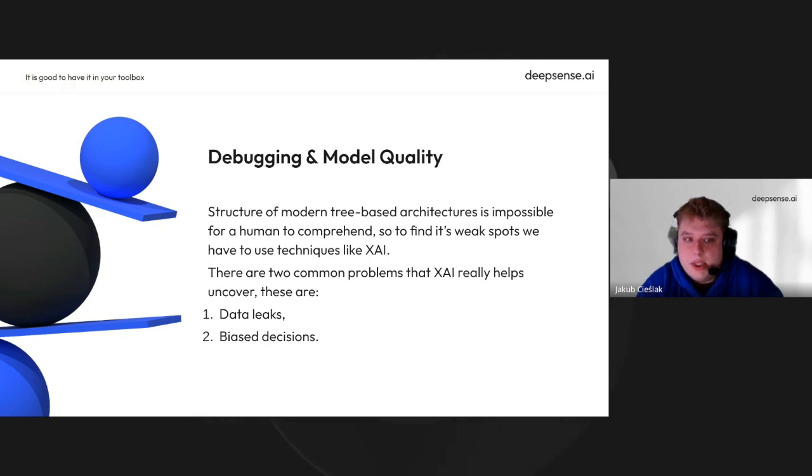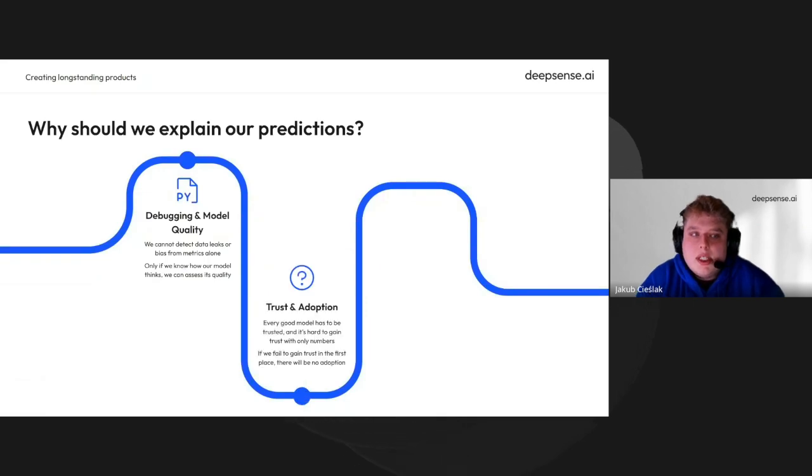So we have seemingly really good models that will not perform that well in the production setting as we see them behaving on validation sets. Explainability and methods of explainable AI are essential to prevent that from happening by allowing us to detect them early enough. The second one: trust and adoption.